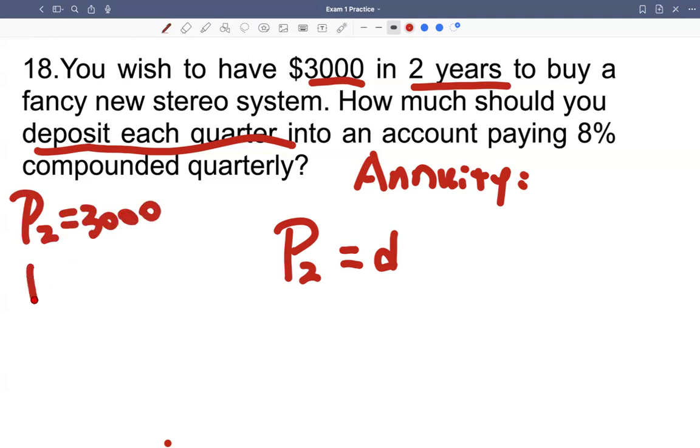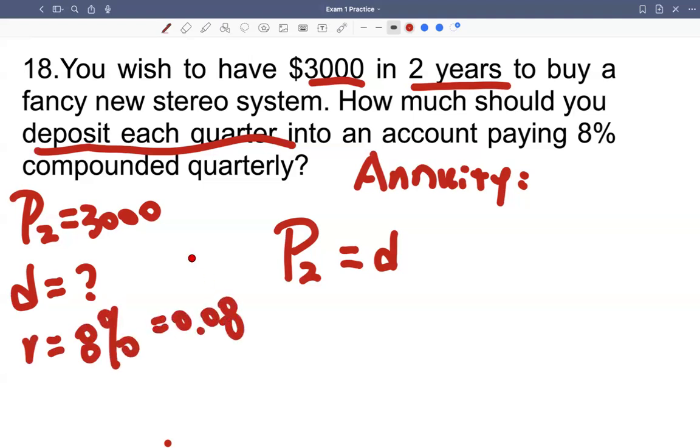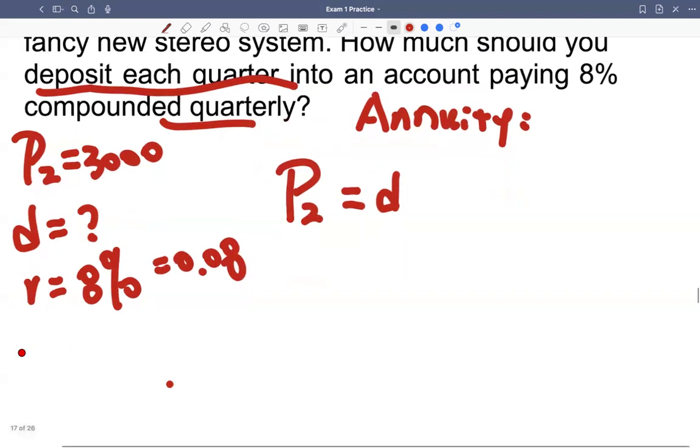Then how much should we deposit now? We're trying to find it. The account is paying 8% interest, which is 0.08, compounded quarterly. So K equals 4 because there are 4 quarters in a year.